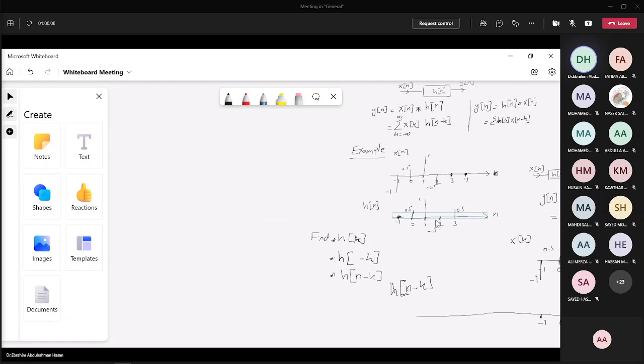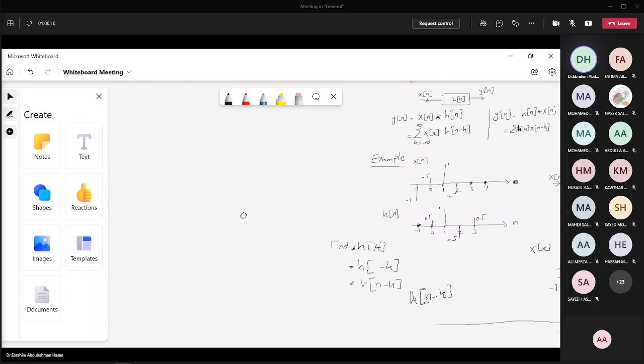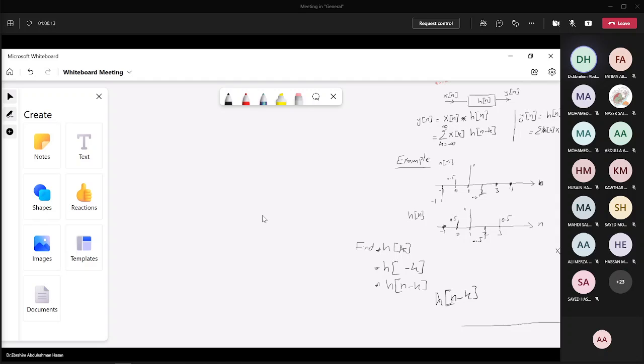This is my x, this is my h. Make a table: minus 1, 1, 2, 3, 4. Minus 1. Then we have 0.5.